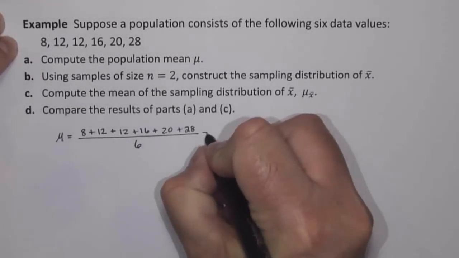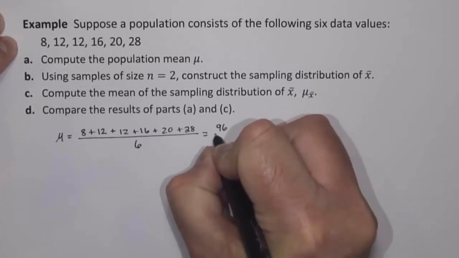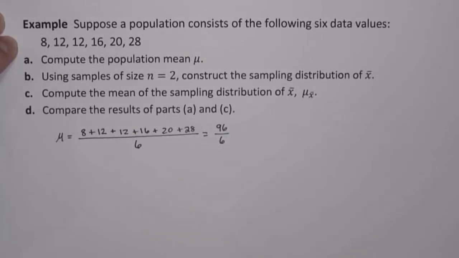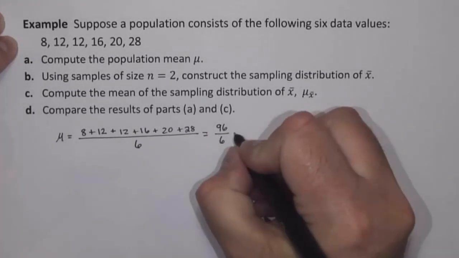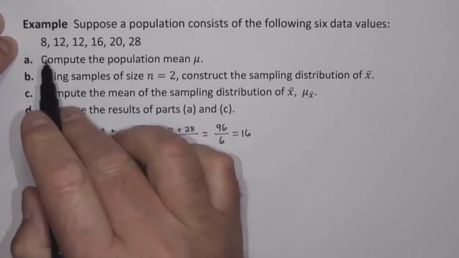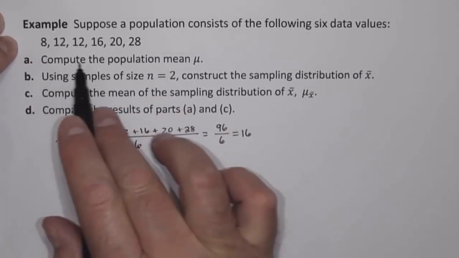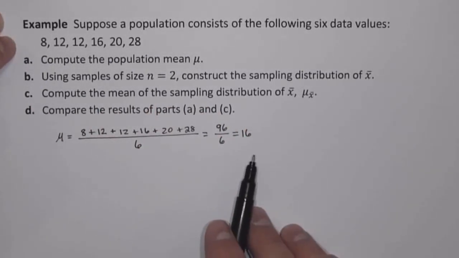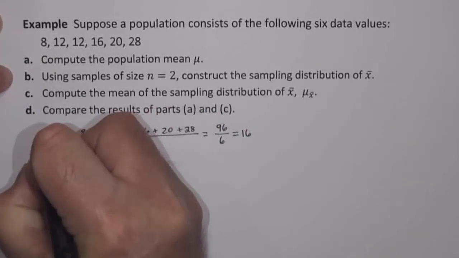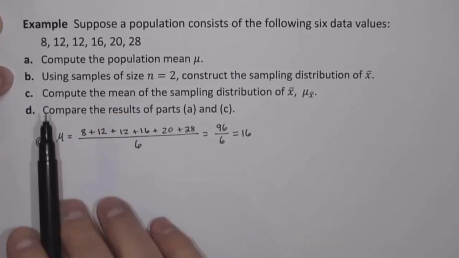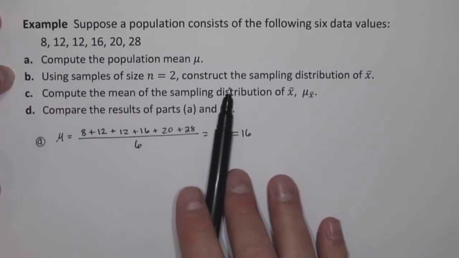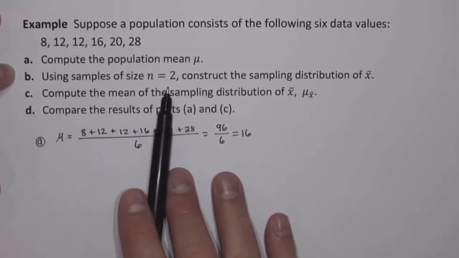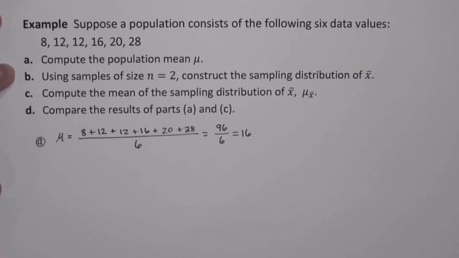So that gives us 96 when we add up our 6 data values, divided by 6, and 96 divided by 6 is 16. So our population mean, the parameter for this population, mu, is 16. So that is our answer to Part A. In Part B, we want to construct the sampling distribution if we choose samples of size 2. So let's consider that on a separate sheet.